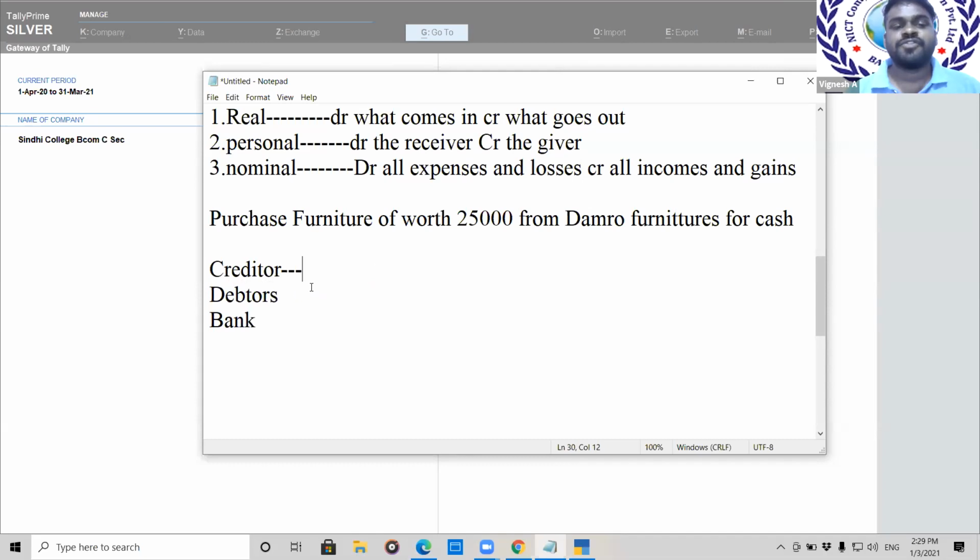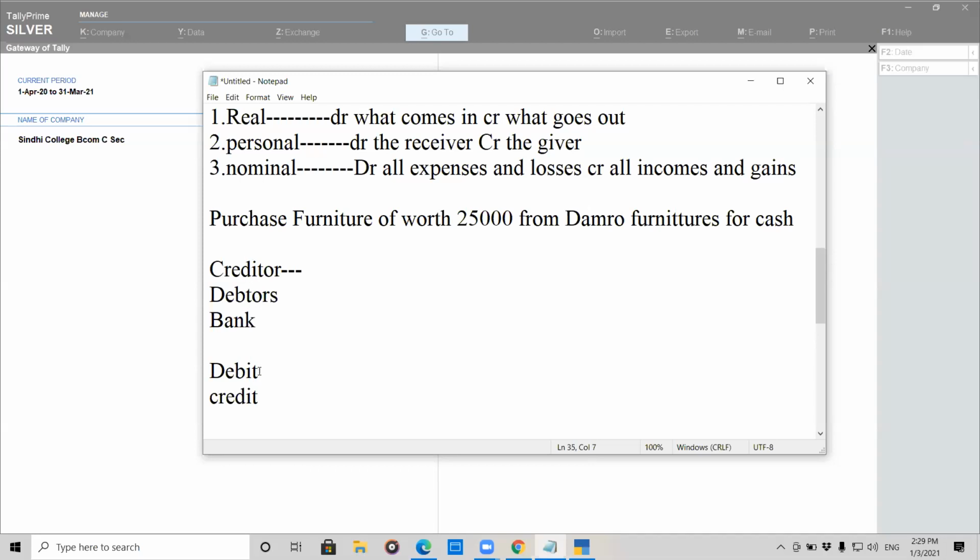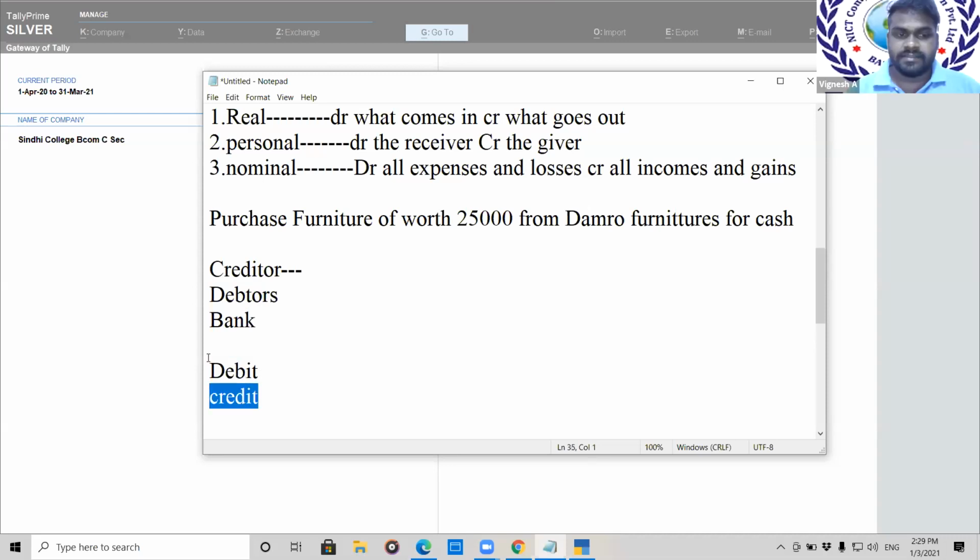Don't get confused with debtor, creditor, and debit and credit. Debit and credit is different. Debtor and creditor is different. Debit and credit are aspects of accounts, not the person.